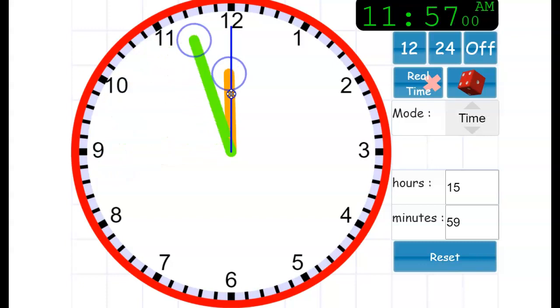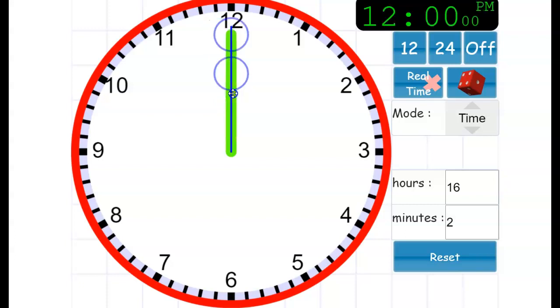Do you believe me? Watch. I'm at 59. Each one recorded 1 minute. Now when I move just a little bit more, it goes to 12, because after 59 the next number would be 60. When we're back to this part, our hour resets and it becomes a new hour and we have 0 minutes.